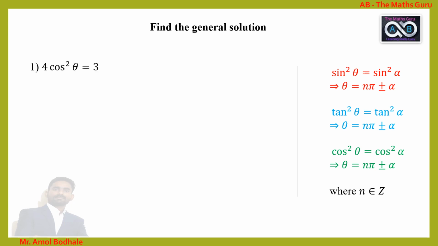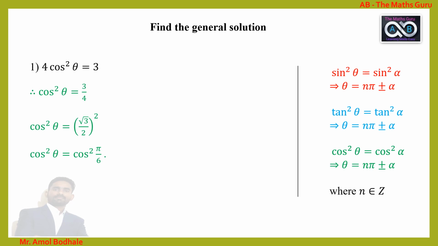4 cos square theta equal to 3. If we divide by 4 on both sides, we get cos square theta equal to 3 by 4. Now LHS is the square of a trigonometric function, so RHS must be the square of some number. So we can write 3 by 4 as root 3 by 2 whole square. Now for root 3 by 2, we must think for which angle cos theta is root 3 by 2.